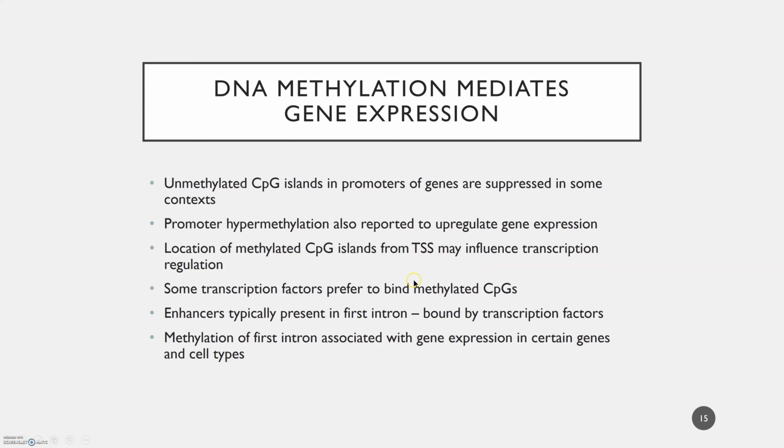It was also found that some transcription factors prefer to bind methylated rather than unmethylated CpGs. Due to the presence of enhancers in the first intron, which are bound by transcription factors, methylation of the first intron is also associated with gene expression in certain genes and cell types.